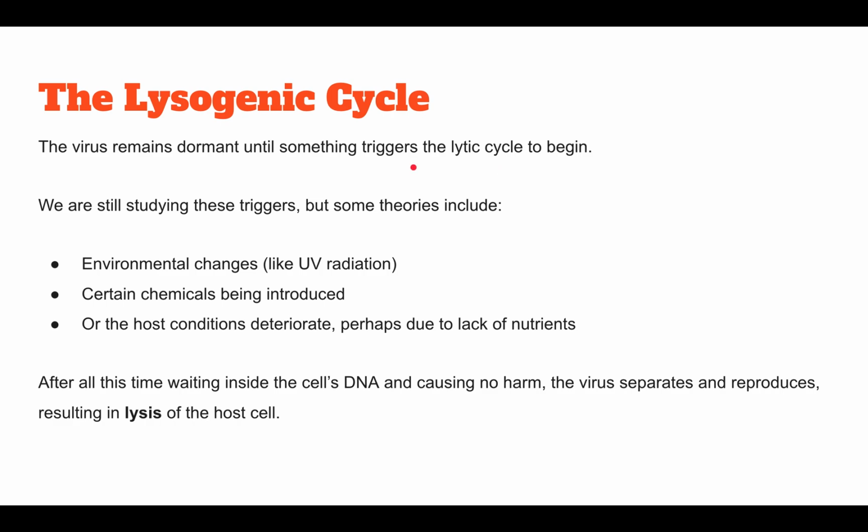And we don't know what always causes that. Sometimes it's an environmental change. There are some that will respond to UV radiation, like when the cell gets exposed to sunlight, then suddenly it wakes up the virus, and then the virus separates from the bacteria DNA and starts the lytic cycle.